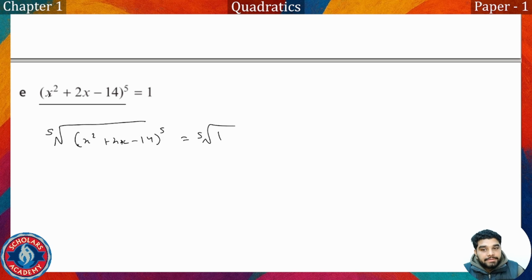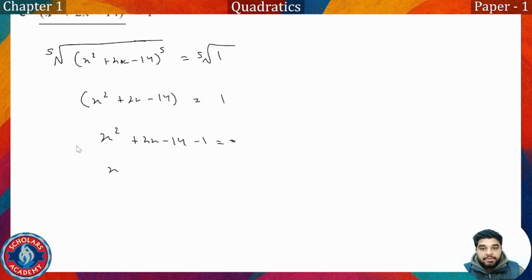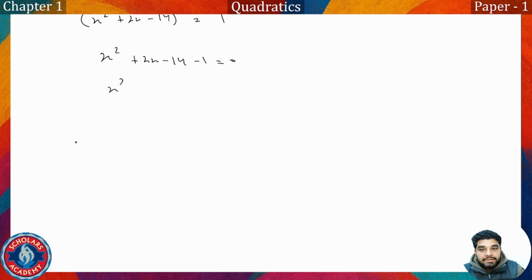Fifth root of 1 is 1 and fifth root of this will be just the quadratic equation. X square plus 2x minus 14 is equal to 1, right? So we get this quadratic equation simply. X square plus 2x minus 14 minus 1 is equal to 0. The equation now becomes x square plus 2x minus 15 is equal to 0.